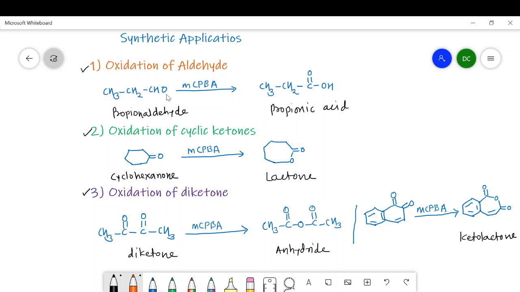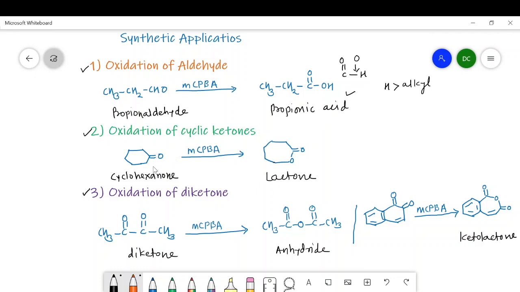In the oxidation of aldehyde, when propanaldehyde is treated with metachloroperbenzoic acid, it will give propionic acid. Why does it happen? Because hydrogen has greater migratory aptitude than any alkyl group. That's why always in case of aldehyde, hydrogen is migrated, and therefore the oxygen is inserted in between the carbonyl carbon and hydrogen, and we get the corresponding propionic acid.